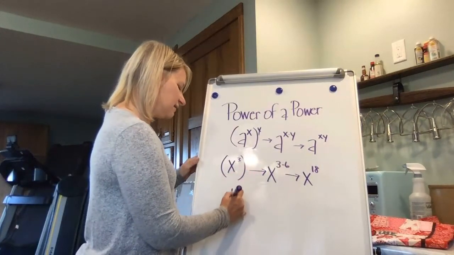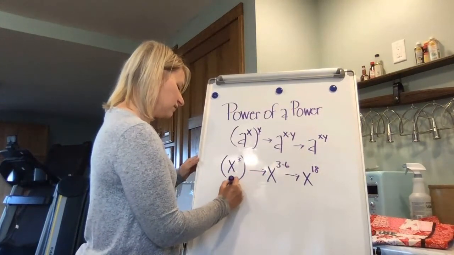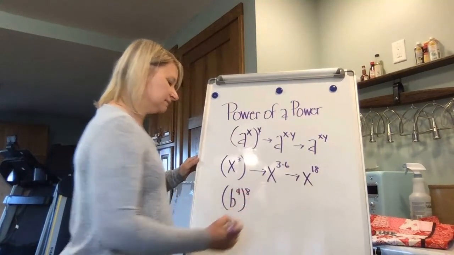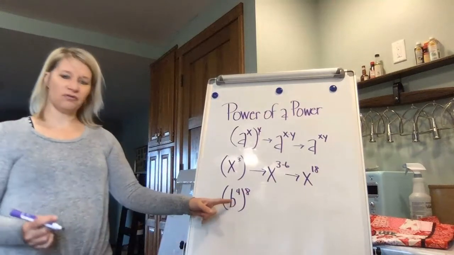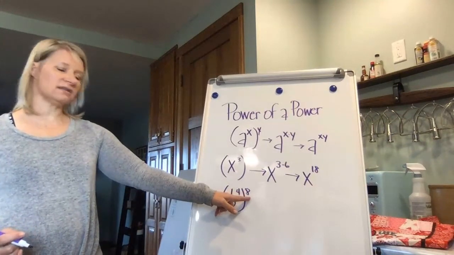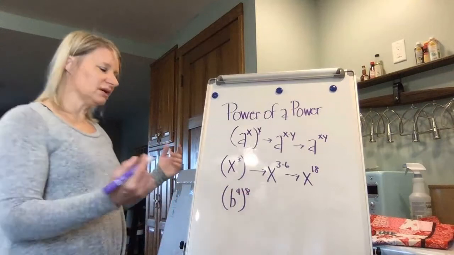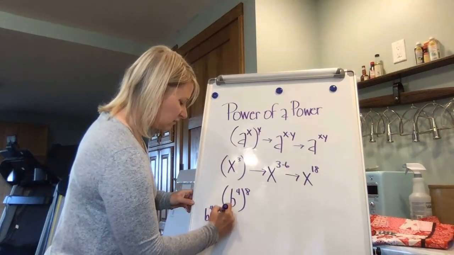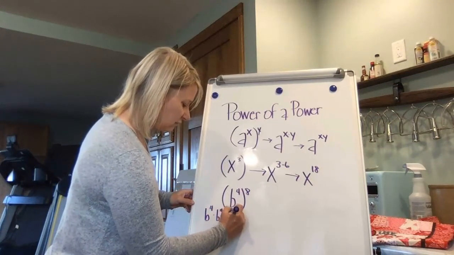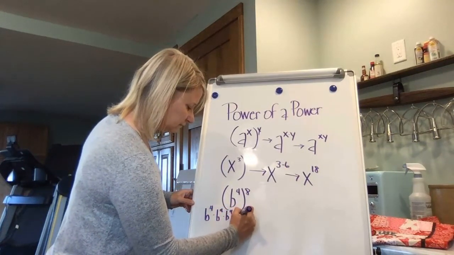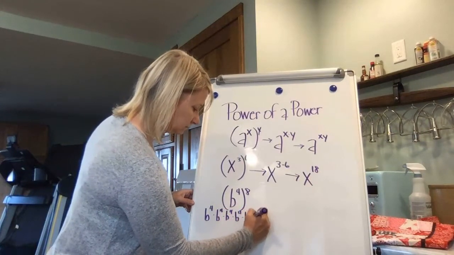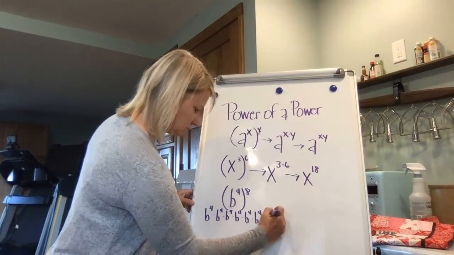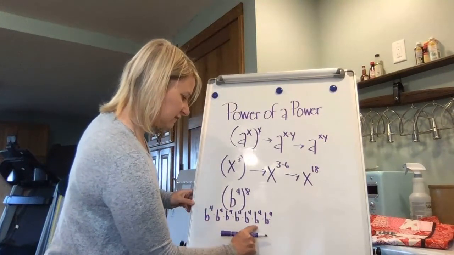Let's try another one with a different variable. Let's try b to the 4th raised to the 8th. So b to the 4th power is being raised to the 8th power. If we wanted to really think about that, that would be b to the 4th times b to the 4th times b to the 4th, 8 times. One, two, three, four, five, six, seven.